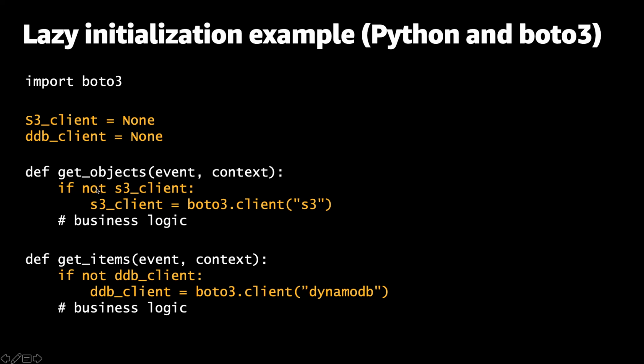Because in this case, we are lazily initializing some things at execution time instead of at runtime initialization. So this makes sense, but really there is a better way to do it. So my suggestion is just use one handler per file and you should be good.